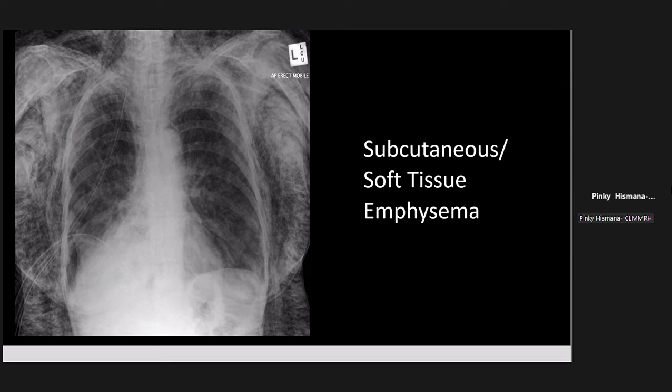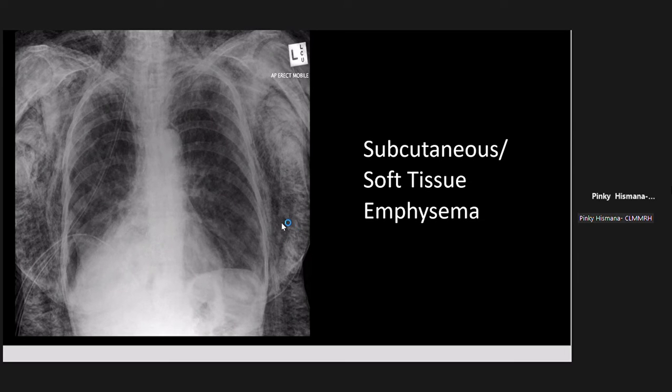So what is the problem here? Is it the lucency or opacity? If it's air, what color is air in our density? Dark, Doc. Dark. So what is the radiologic term? Lucency. So basically, the problem here is lucency.